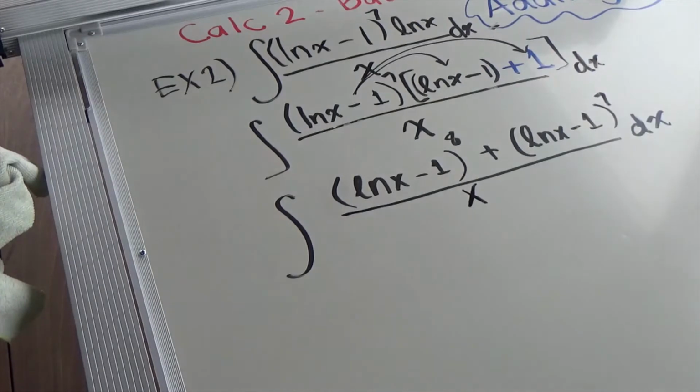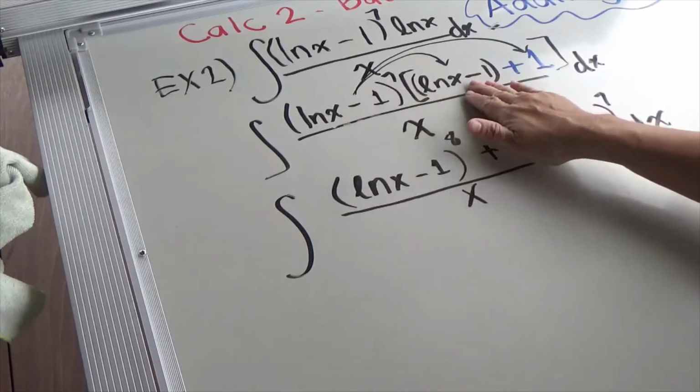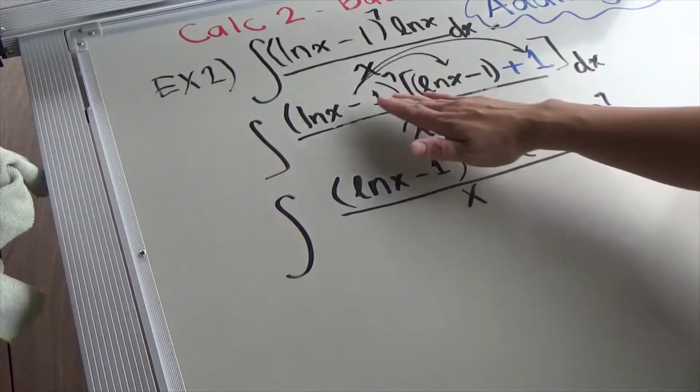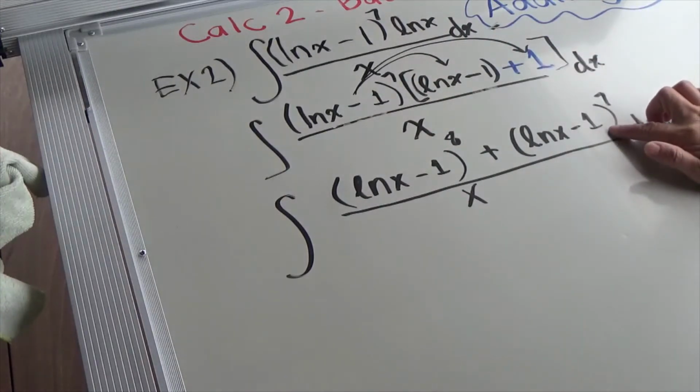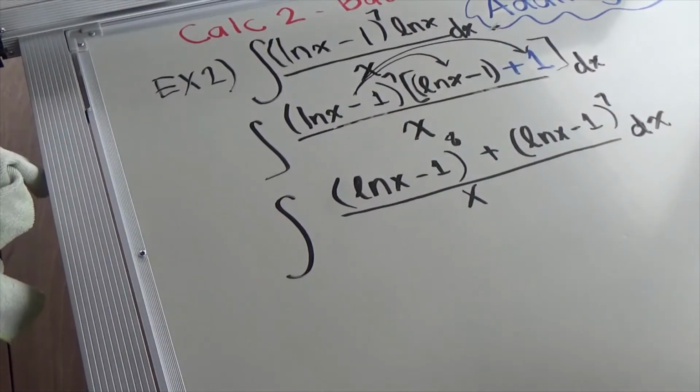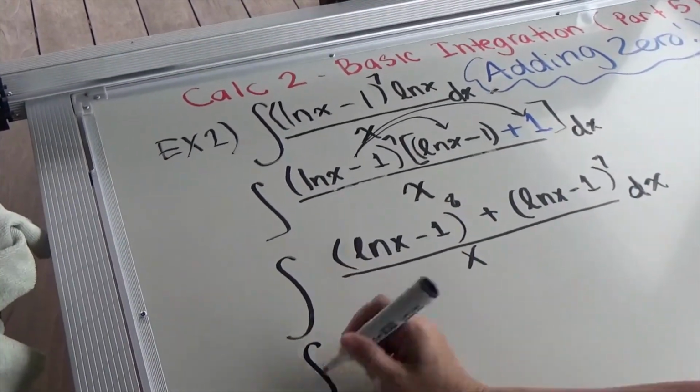So you see what just happened there. I used the distributive property. 7 of those copies multiplied by 1 more, that's 8 copies. And then 7 copies multiplied by 1, that's just 7 copies still, right? Now I'm going to write them separately as 2 fractions.